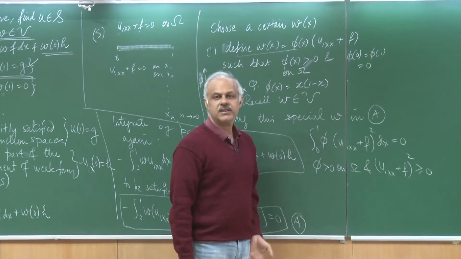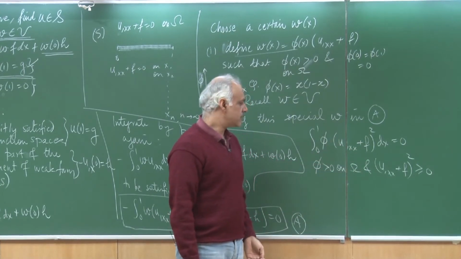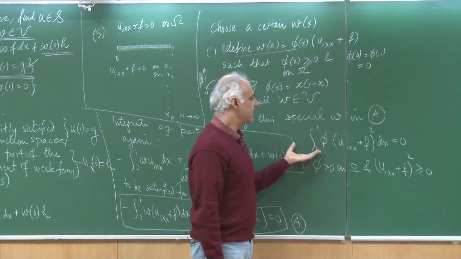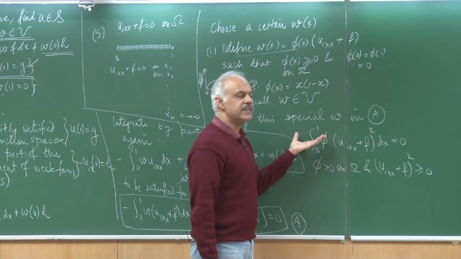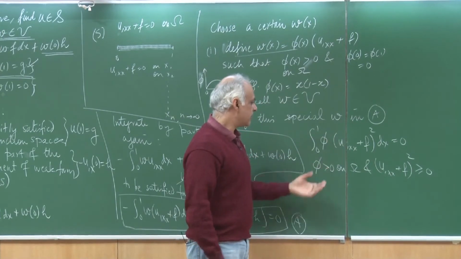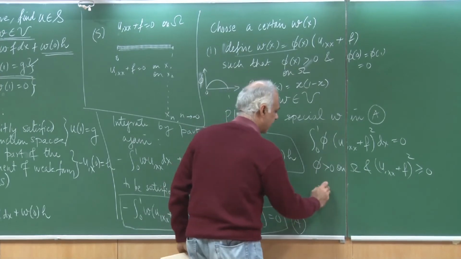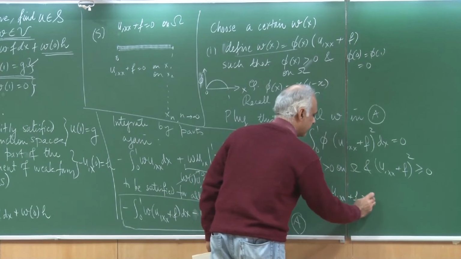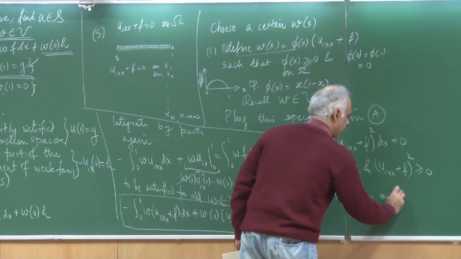So, the answer has to be either 0 or greater than 0. So, now I require that this integral should be 0, whereas the integrand is greater than or equal to 0, but phi cannot be 0. So, this must imply that u comma x x plus f must be 0 on omega.